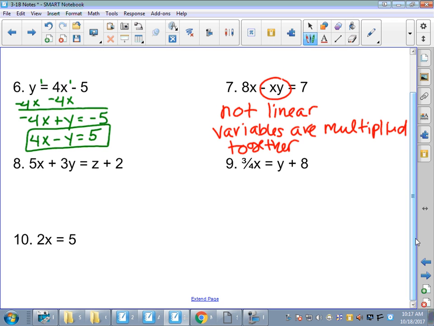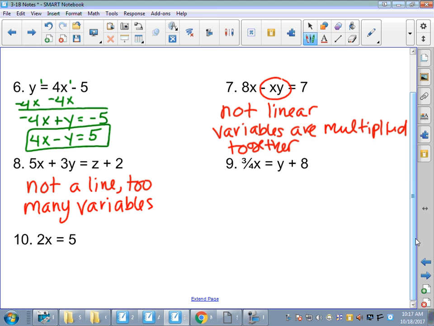Number 8 wasn't really in the checklist, but it's not linear because you have a third variable. In order to have a line, you can only have x and y because we have an x and y coordinate system. So z is 3-dimensional. This is not a line. So too many variables. We have 3 variables. When you're in 3 variables, you're in 3-dimensional. So the z is throwing us off here.